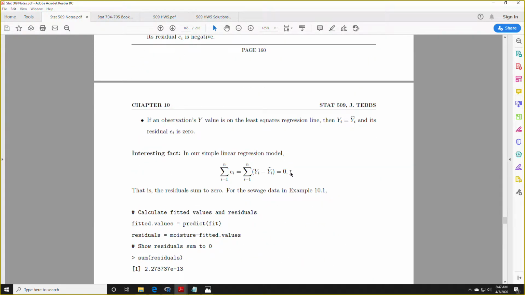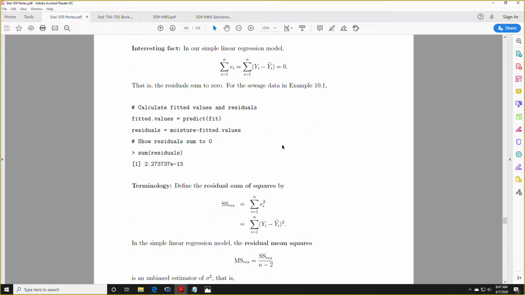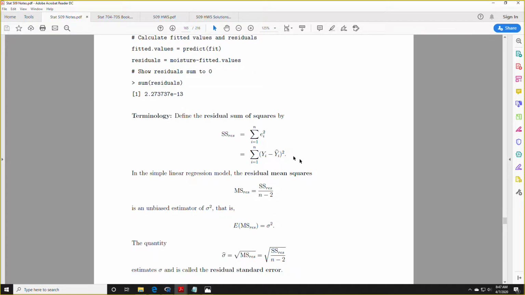Another result: the sum of the residuals is going to be 0. Not super concerned. The residual sum of squares is also known as the error sum of squares, and you might also see it as SSE for error.